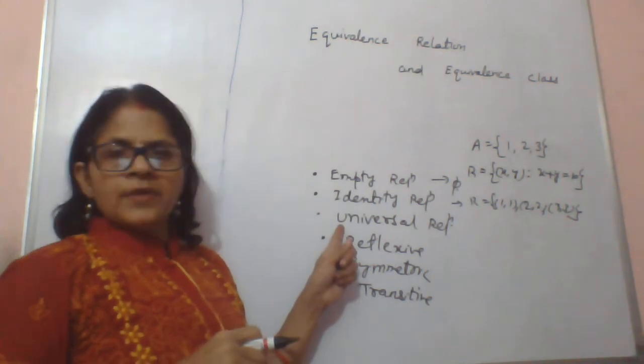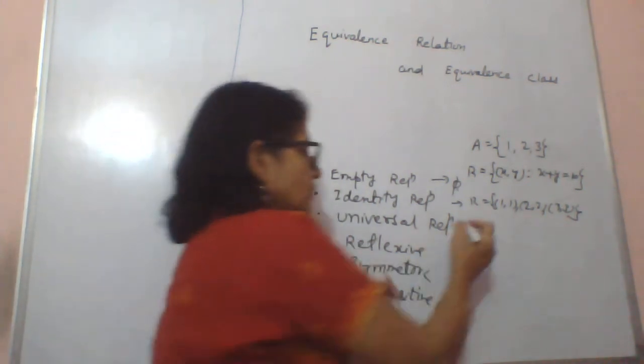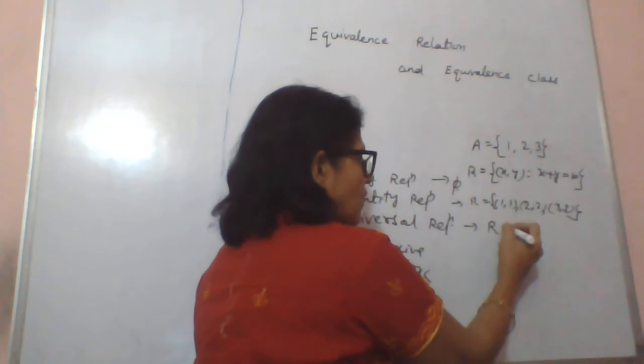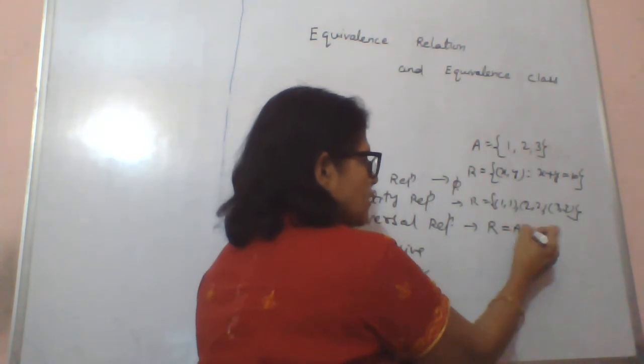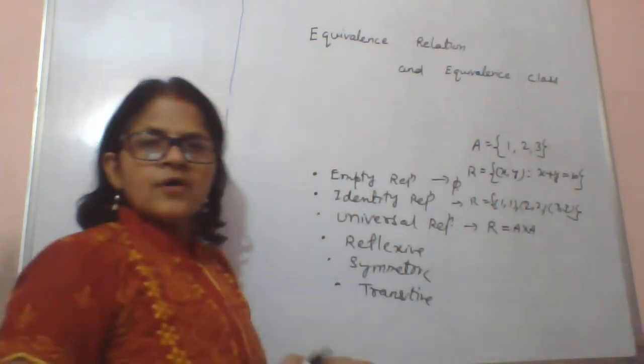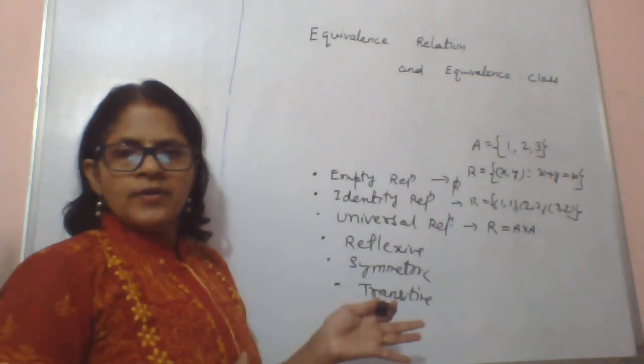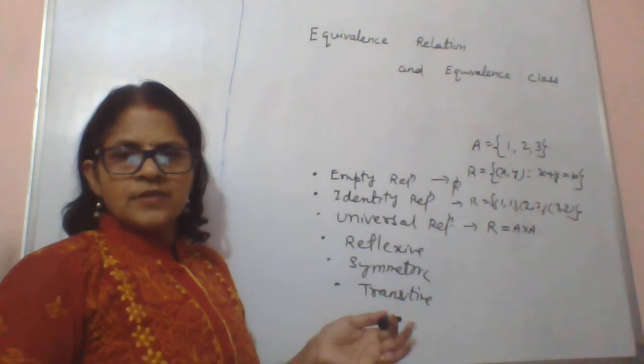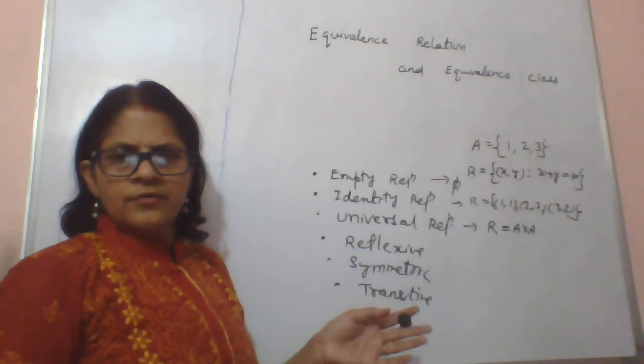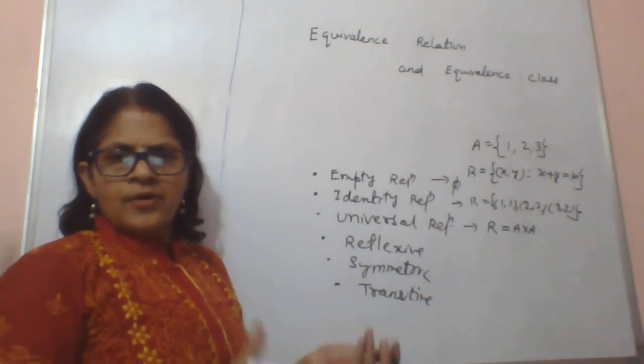The third one we have taken is the universal relation. Here we have taken R equal to the Cartesian product A cross A. It means every element is related to all other elements.